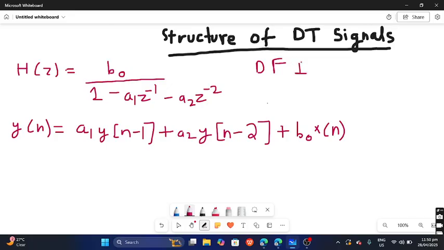This is the first structure and this is the second structure.